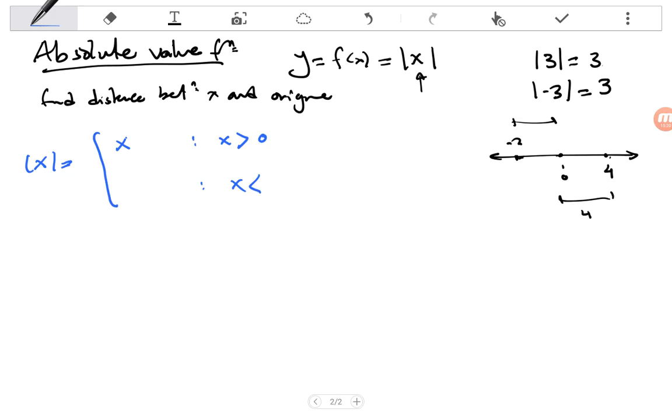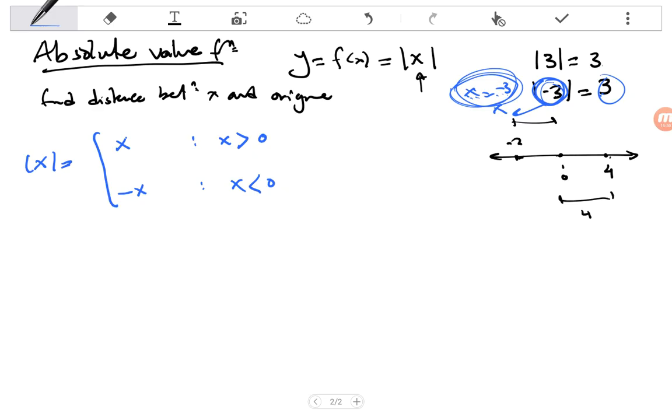If the given x is negative, like -3, what will be the output? Would it be x also? No. X in this case is -3. So in this case, the output will be 3, and x is -3, and the output should be +3. So what is the output related to x in this case?